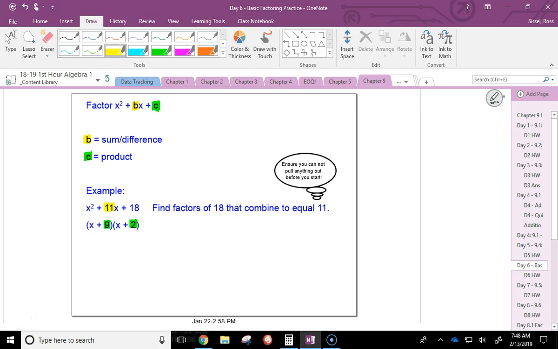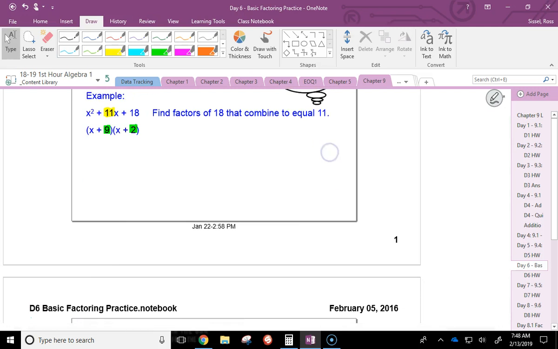There's a reason this is going to be very important to us. When we look at this, we're going to pretend this bottom part isn't here, and we just had the formula x squared plus 11x plus 18, and we need to find the factors of 18 that can combine to equal 11. Mainly, when we're going to solve this one, and we're going to make it into two equations, there's a couple steps we're going to do first.